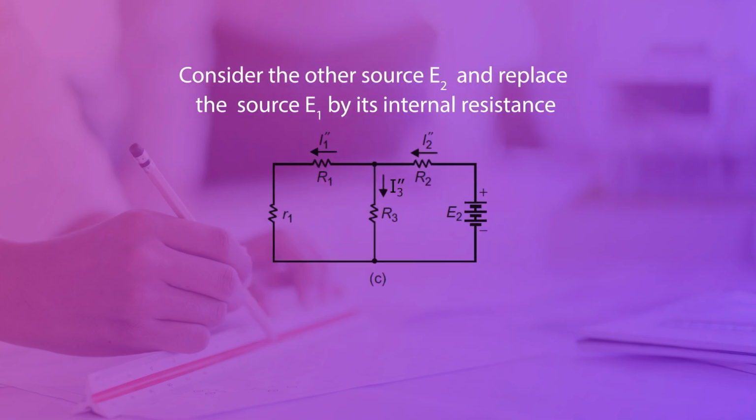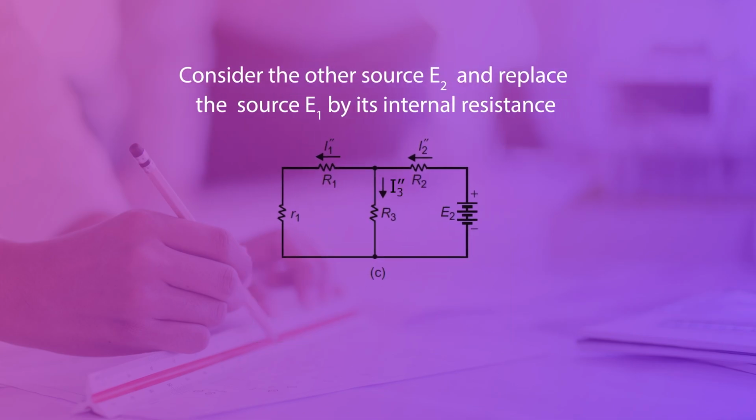The second step is to consider the other source E2 and replace the source E1 by its internal resistance R1, because this voltage source E1 has internal resistance R1. So this voltage source is replaced by its internal resistance, that is by R1. Now determine the currents in various sections as I1 double dash in the branch having resistance R1, I2 double dash flowing in resistance R2, and I3 double dash flowing through resistance R3.